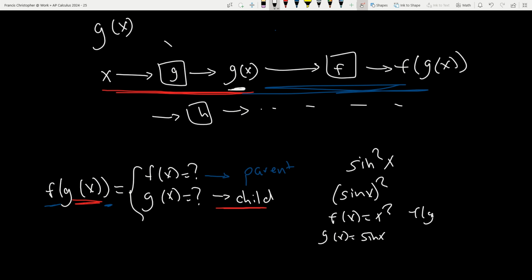So f of g of x, f of, well, what is g of x? It's just sine x, f of sine x. And then I plug in sine x for every x in f. Remember, that's this part of the analogy. This would be sine of x squared. And this was our x for f.